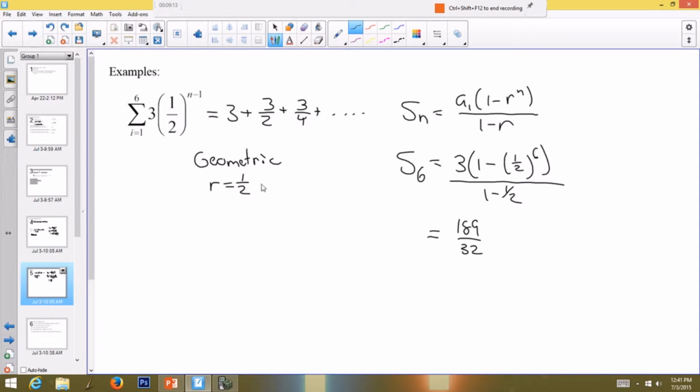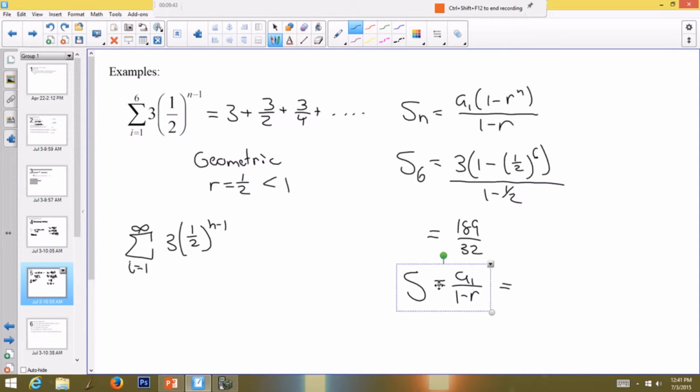Now, because this common ratio is less than 1, we could potentially find the infinite sum of this thing. So if I go from 1 to infinity now and say 3 times 1/2 to the n minus 1, let's make it neat. Well, that equation, if you look back, is just S equals a sub 1 over 1 minus r.